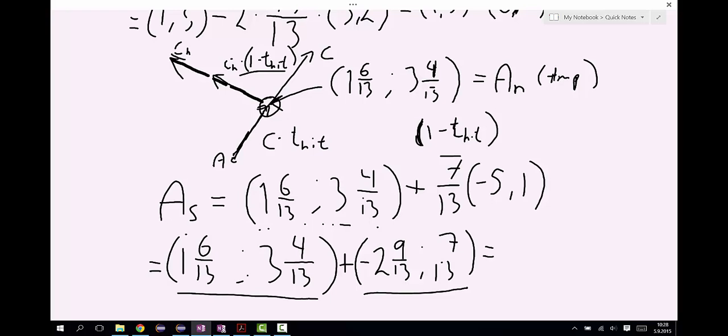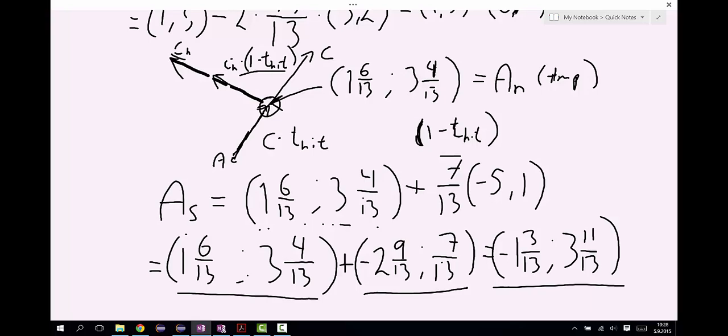So that's -1 and 3/13. And then we have 3 and 4/13 plus 7/13. 4 plus 7 is 11. So that would be 3 and 11/13.